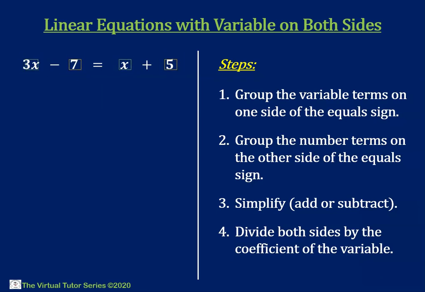The first step is to move x from the right-hand side to join 3x at the left-hand side. We do so by subtracting x from both sides of the equal sign. So basically, x on the right-hand side becomes negative x on the left-hand side. Therefore, we have the left-hand side to be 3x minus x.